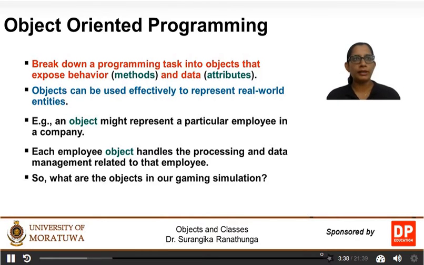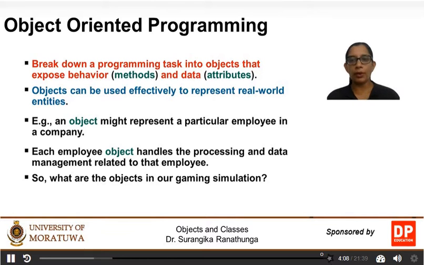So, in this simple game we discussed, our objects refer to warrior, monster, fruit, etc. All these effectively represent concepts in the real world. As another example, we can have an object representing an employee in a company. There have to be multiple objects, each corresponding to an employee.